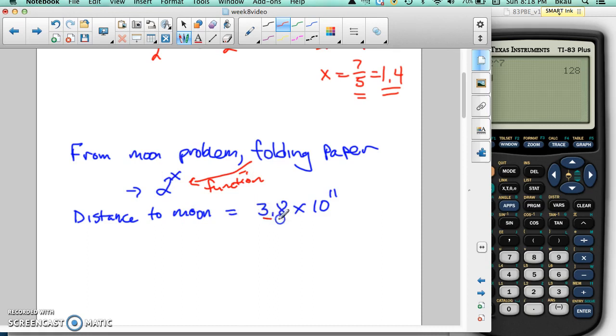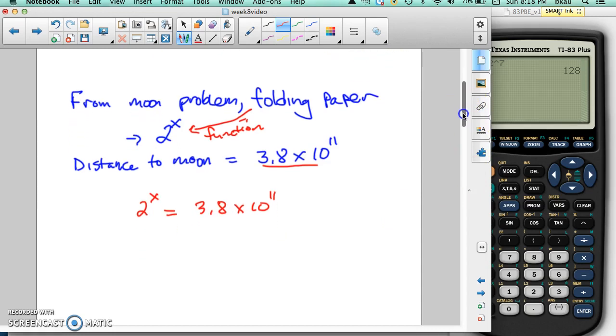And this was the distance to the moon. So the equation would be 2 to the x equals 3.8 times 10 to the 11th power.